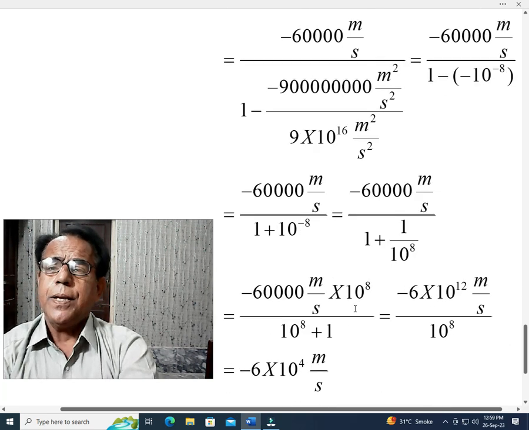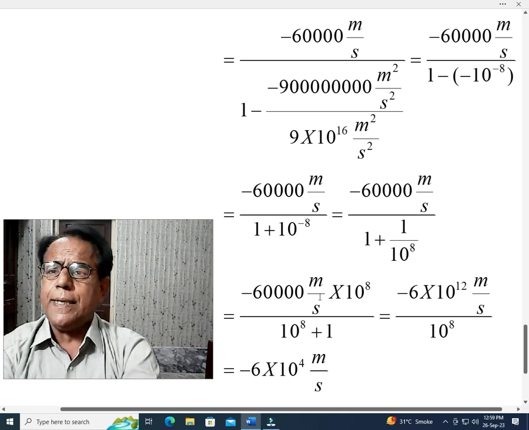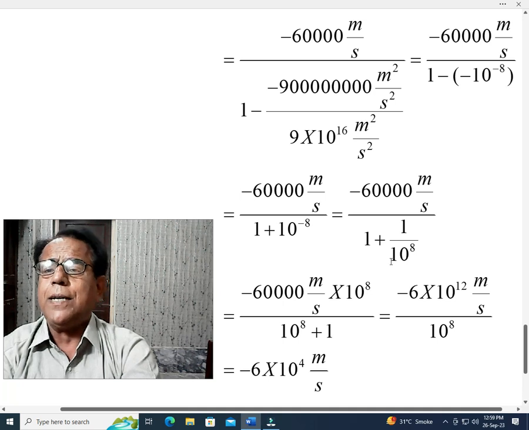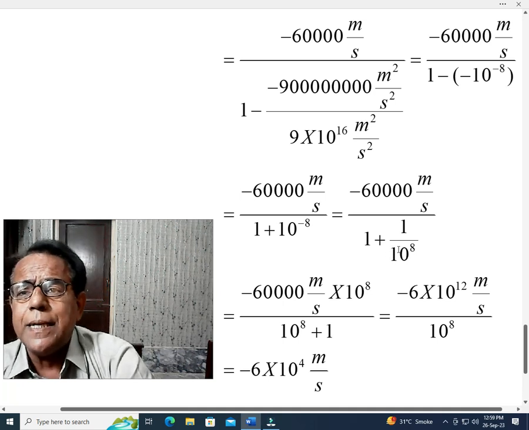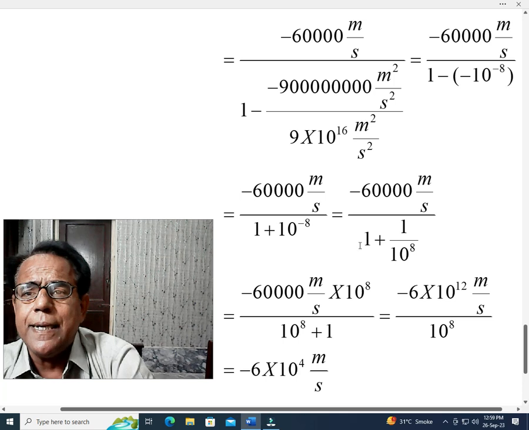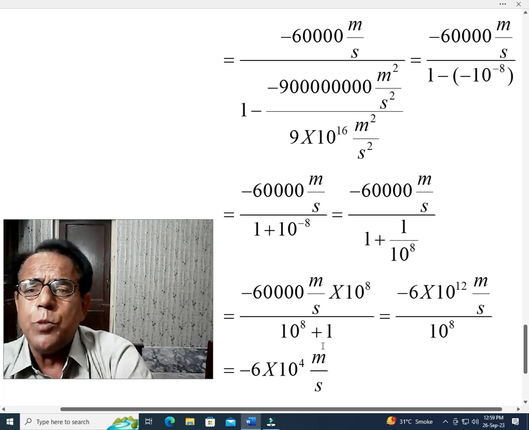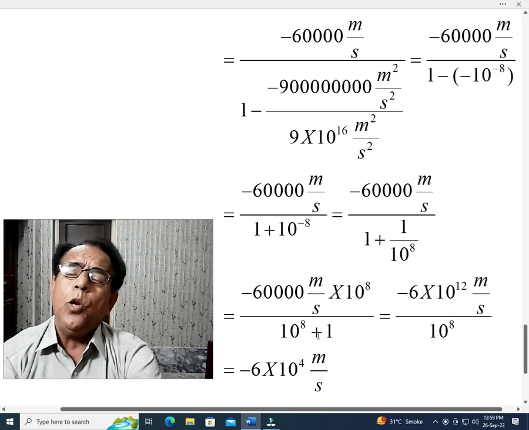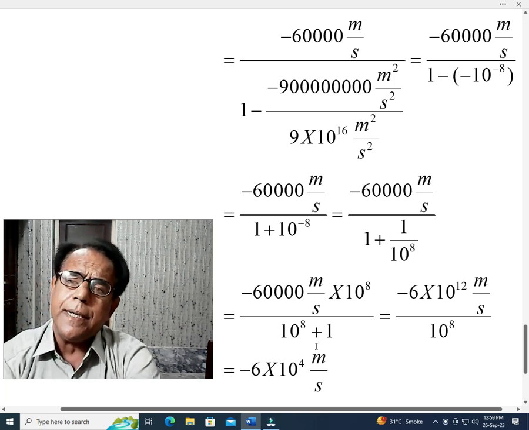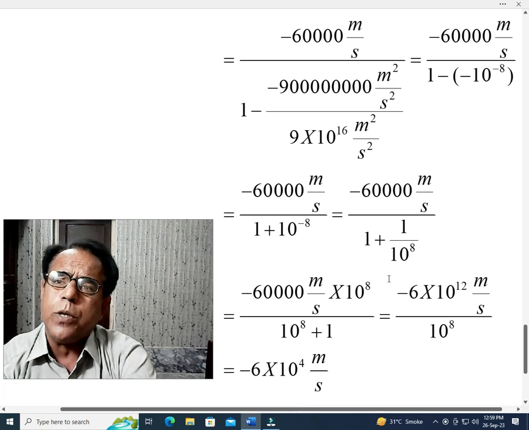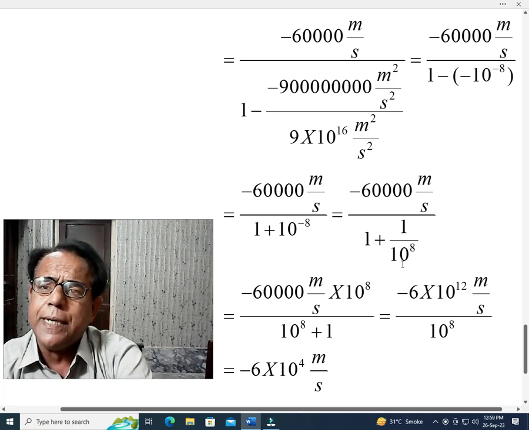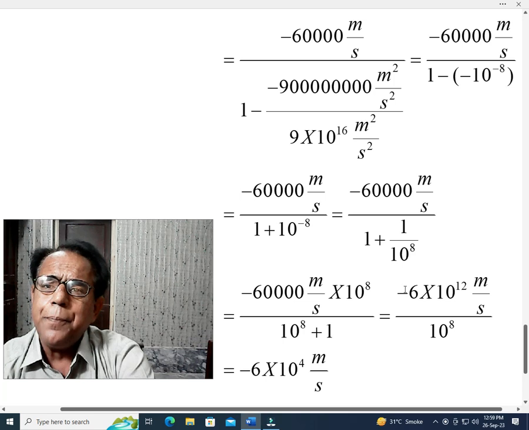Here, minus 60,000 meter per second into 10 raised to the power 8. What we have done is we have taken the LCM 10 raised to the power 8, and hence 10 raised to the power 8 plus 1 divided by 10 raised to the power 8. We know that the lower part of the denominator is shifted to the numerator, so after taking the LCM it will become 10 raised to the power 8 plus 1.